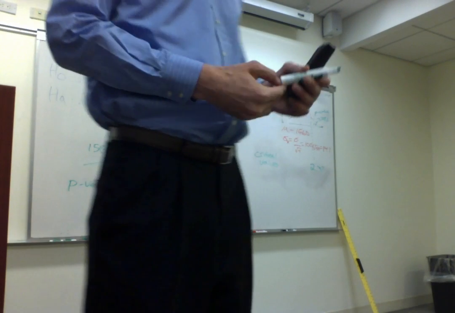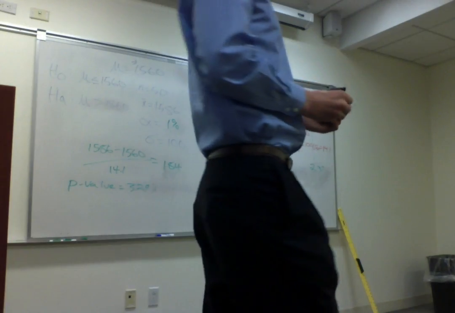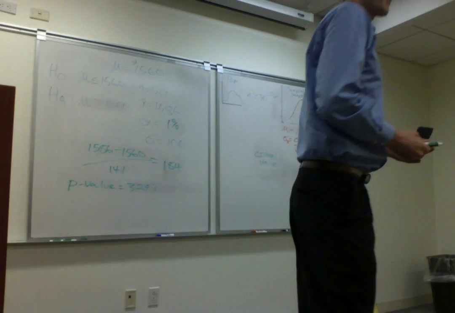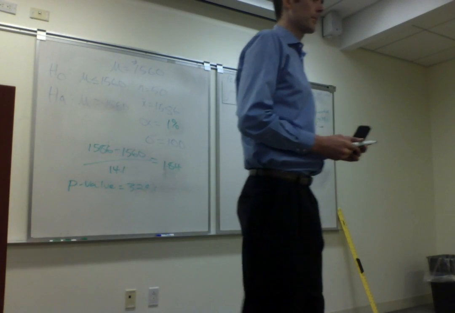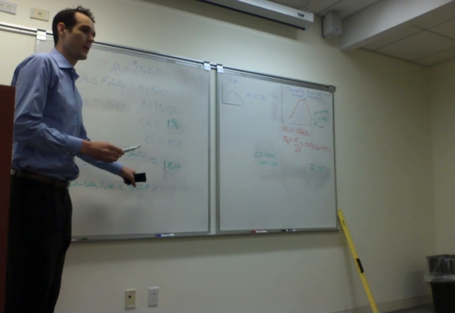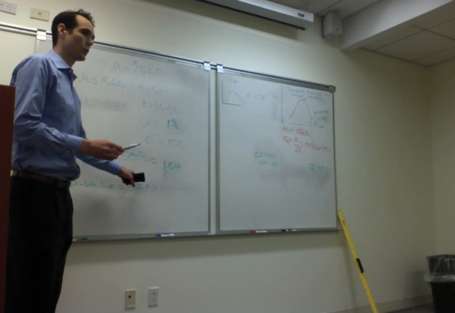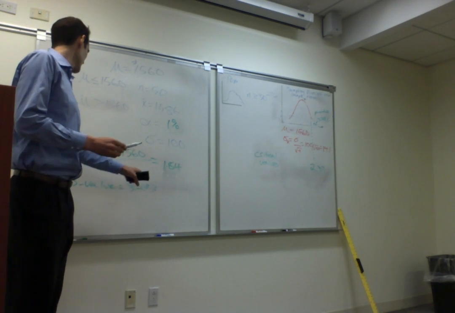How is this feeling? Comfortable? Just to make it clear for me, as long as the critical value is above the z-stat, then we do not reject. You fail to reject. Yeah, fail to reject. We need overwhelming evidence with this z statistic.